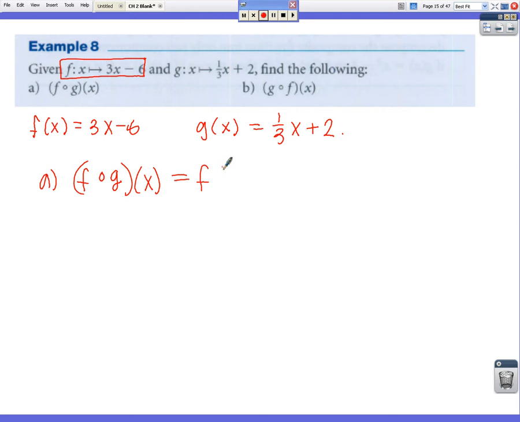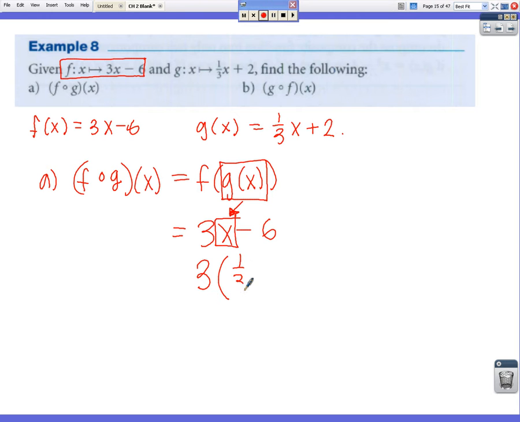I like always rewriting it into the other notation because this tells me that this is my input. So I'm going to take my f function, which is 3x minus 6. I'm going to take my x and replace it with the g function. So I get g is 1/3 x plus 2, and then minus 6. So I'm going to distribute and get x plus 6 minus 6. Therefore, I get x.